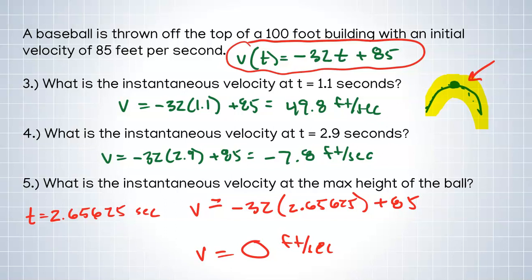Eventually, gravity wins out, and that object is just at the very, very tip top, where it technically has a velocity of 0, and then gravity kicks in and brings that ball back down. So even though we did all the math, it makes sense that I actually didn't need to. I should understand that at the very peak of that height formula, the instantaneous velocity is 0.